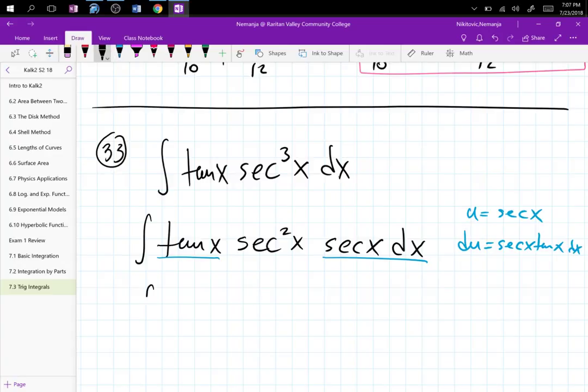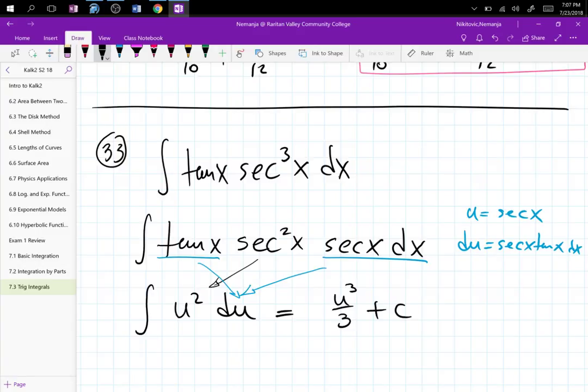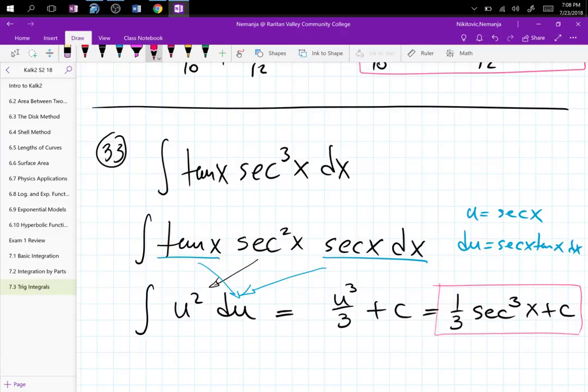So the problem becomes u squared du, right? And now we have u cubed over 3 plus c, which is 1/3 secant cubed x plus c, and the problem is solved. Very good.